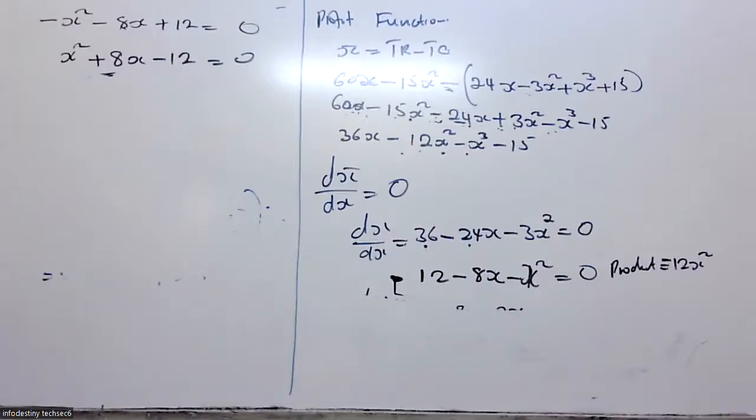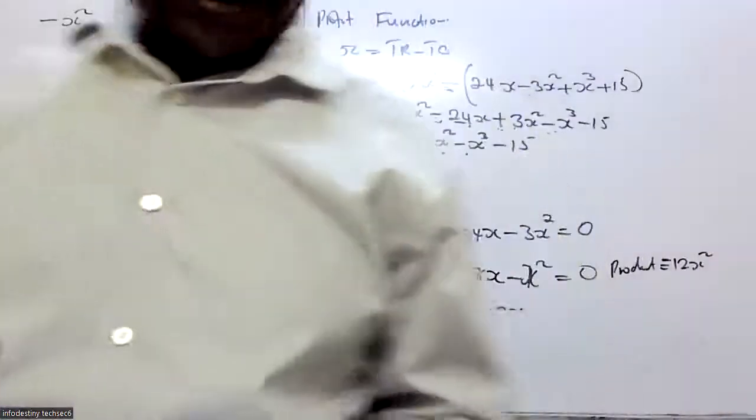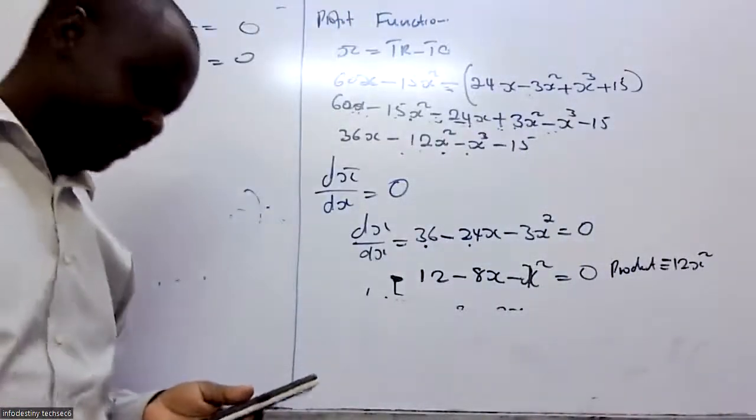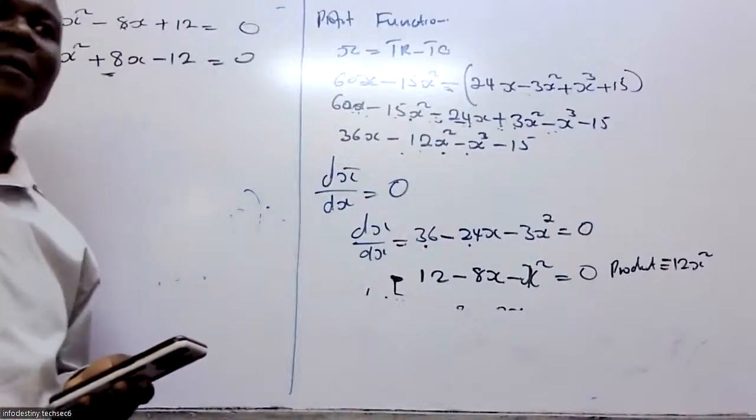Same. It said it is 60 minus 15x. This other one is 24 minus 3x plus x squared plus 15x. It's like that.